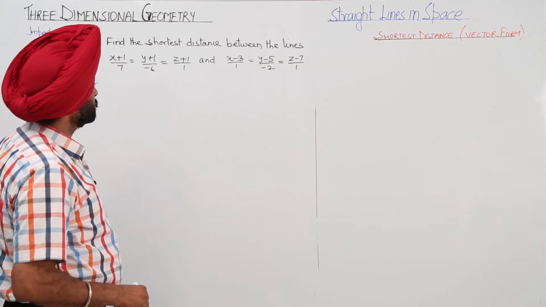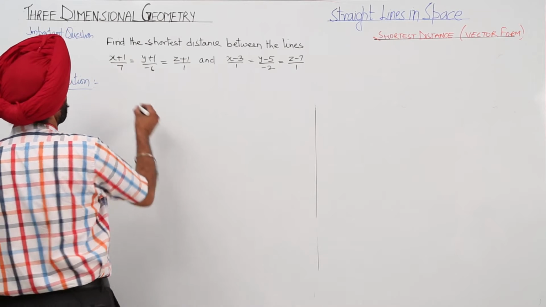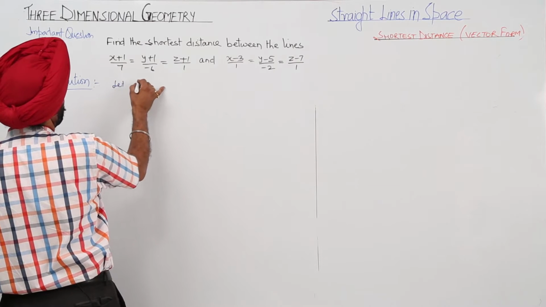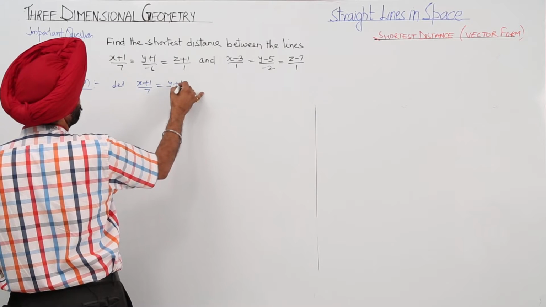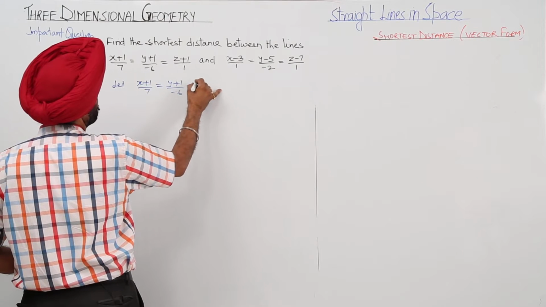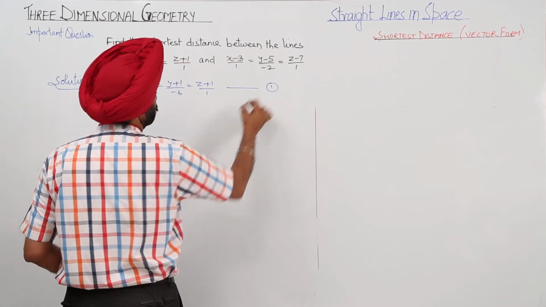To find the shortest distance when the lines are in Cartesian form. Let (x+1)/7 = (y+1)/(-6) = (z+1)/1 be equation 1.